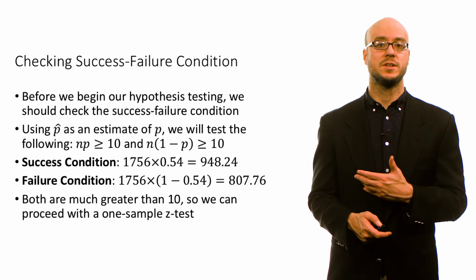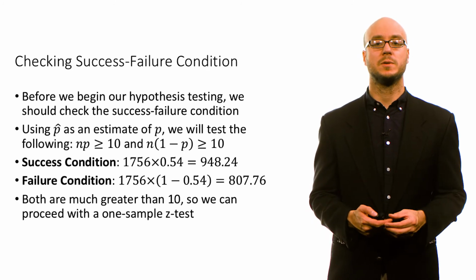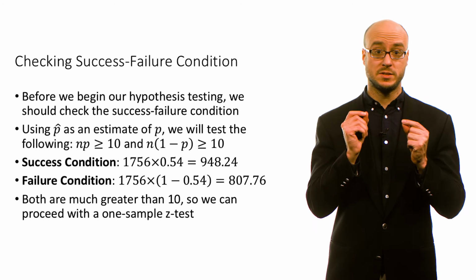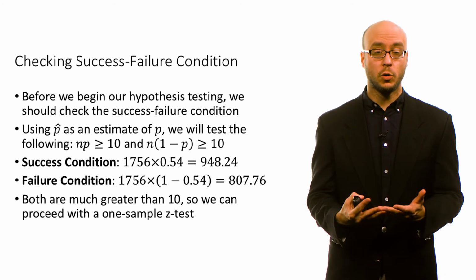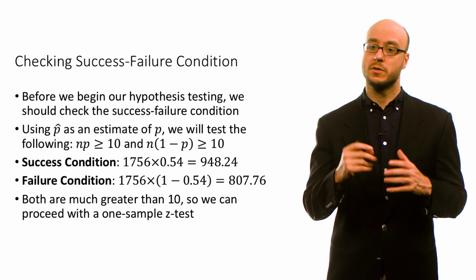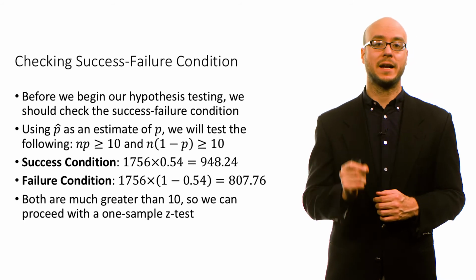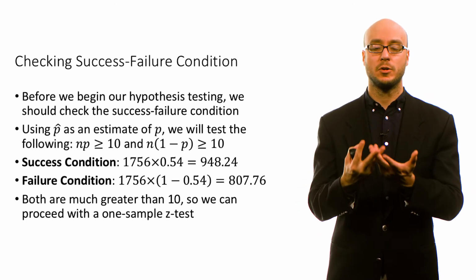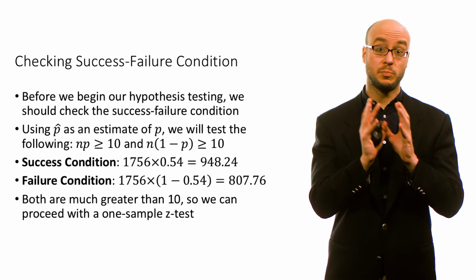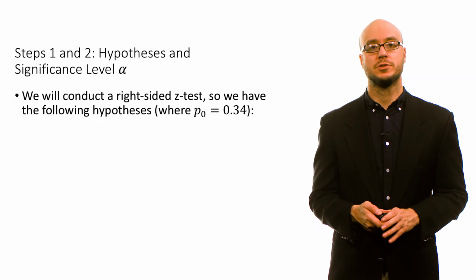Both are greater than 10, so we can proceed with a one-sample z-test. Since the success-failure condition holds, we expect the sampling distribution for p hat to be approximately normal, so we can use a standard normal model to approximate it.